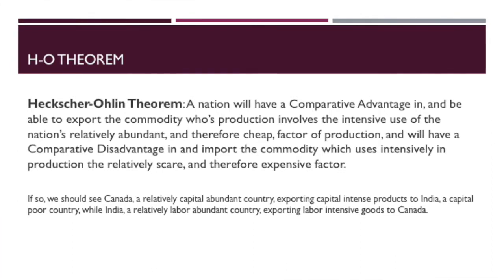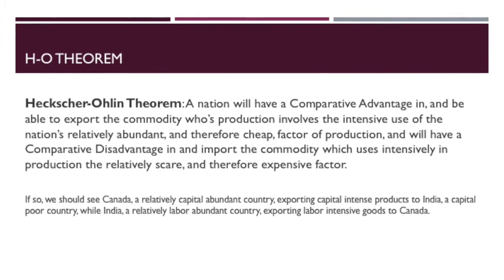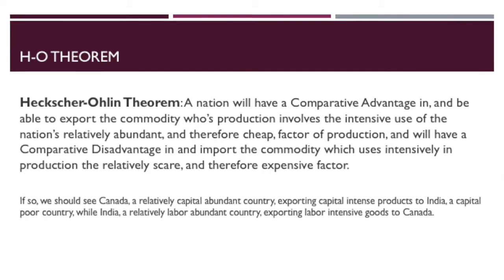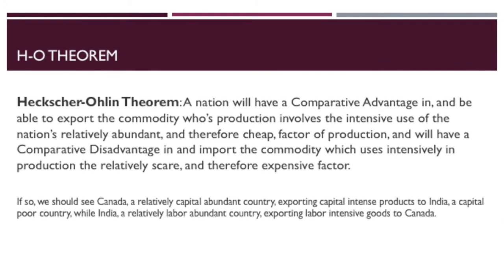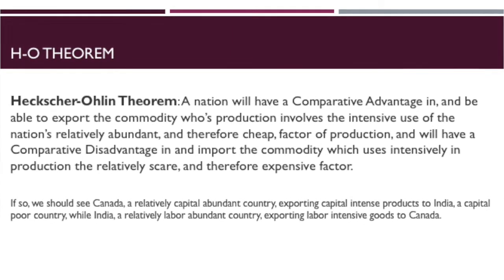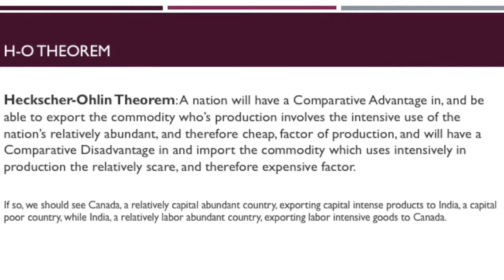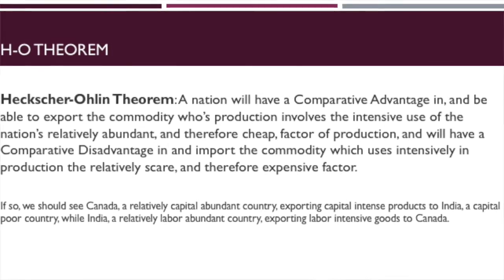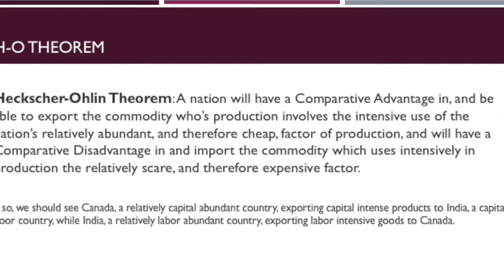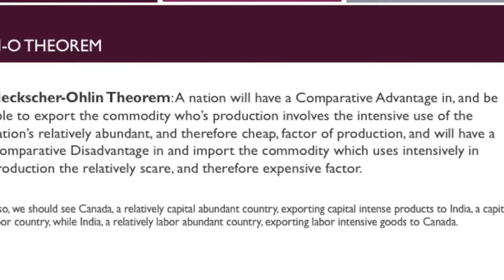Heckscher-Ohlin theory, and I'll read it here in the next slide, really is about the factor intensity, the use of one country's relatively abundant and therefore inexpensive factor of production. If you have a lot of labor or a lot of raw materials, then you can develop, under Ricardian logic, a comparative advantage in the exploitation of that relatively abundant and therefore inexpensive or cheap factor of production.